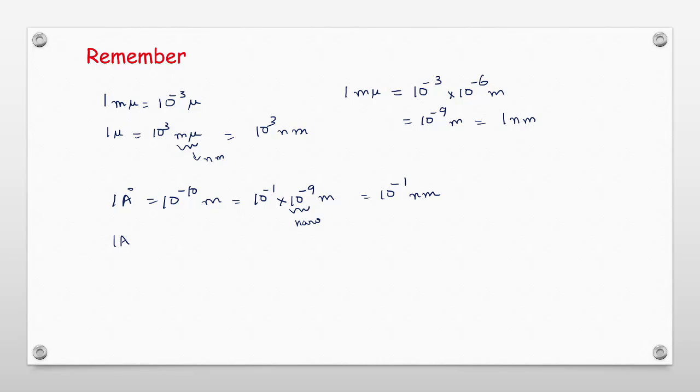So 1 Armstrong is 10 raised to minus 1 nanometers, or 1 nanometer is equal to 10 Armstrong. And 1 nanometer is equal to 1 millimicron. This I have already explained. And instead of milli we can write 10 raised to minus 3. So this is equal to 10 raised to minus 3 micron. Remember, mu is equal to micron.